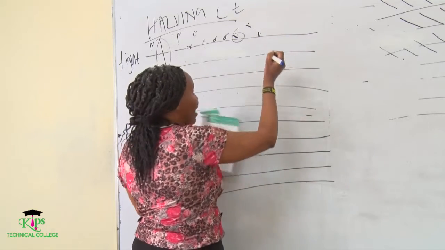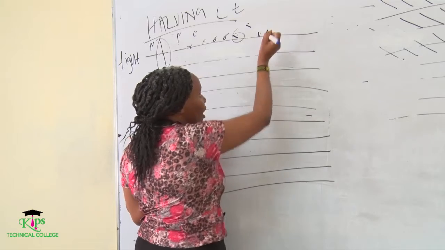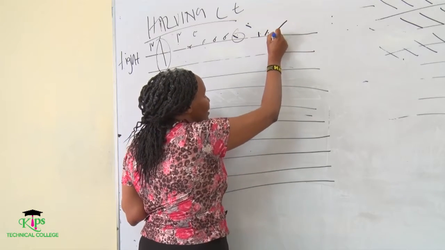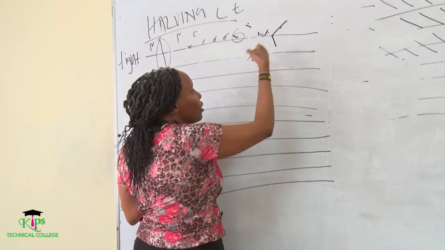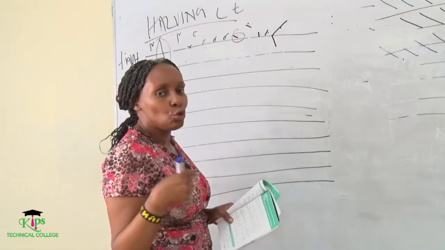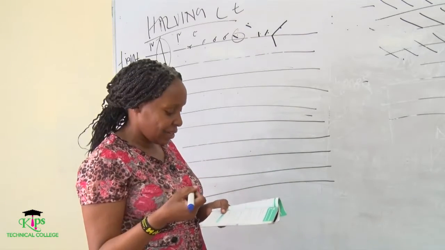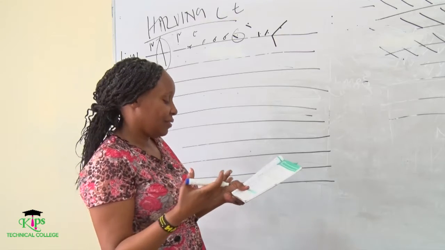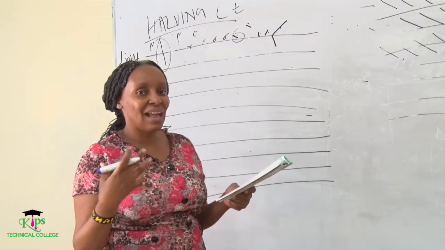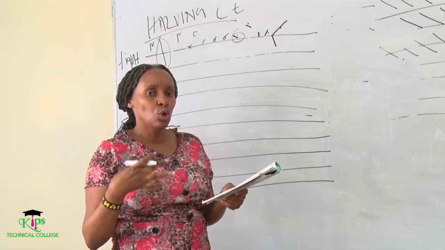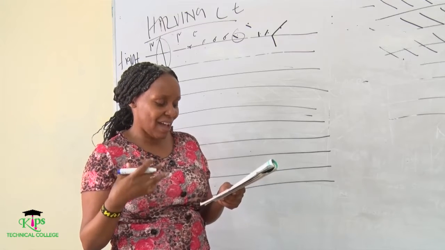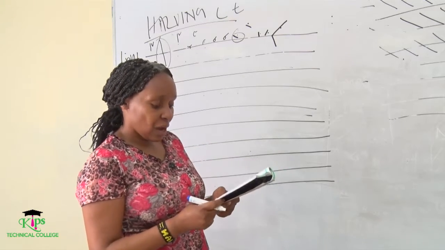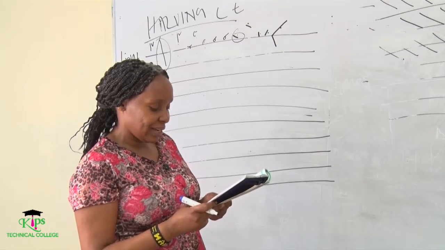We also have a word like jade. You would have written it J-D, but because they want to enable you to write as fast as you can, they've used the concept of halving. Halving is supposed to assist you to write as fast as you can.